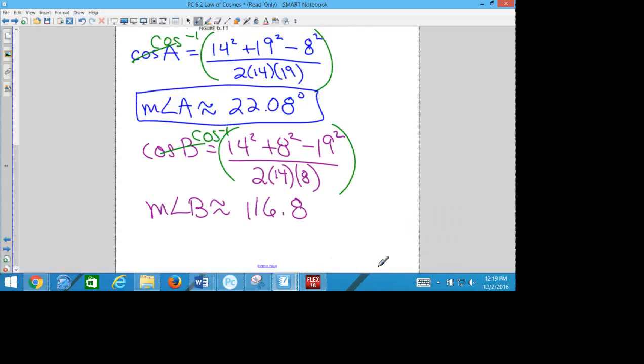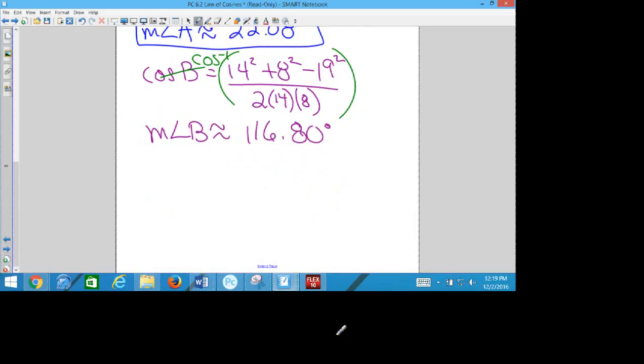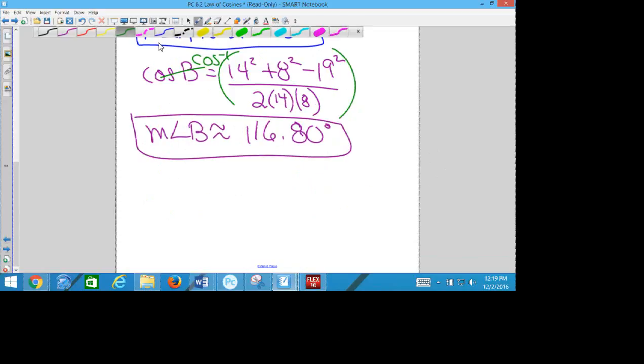Now you can use answer once. So to get C, it depends on your calculator. To get angle C, you can either do the same thing again with C. It's really not that much work.